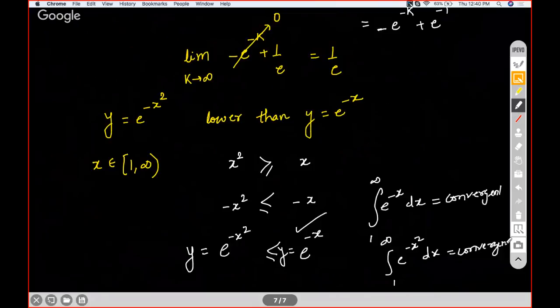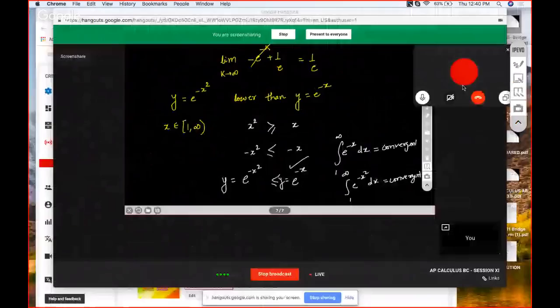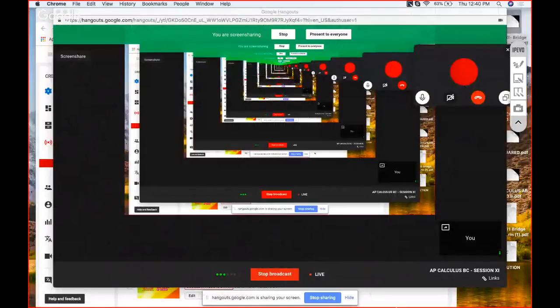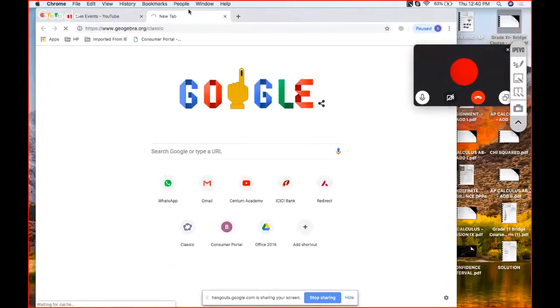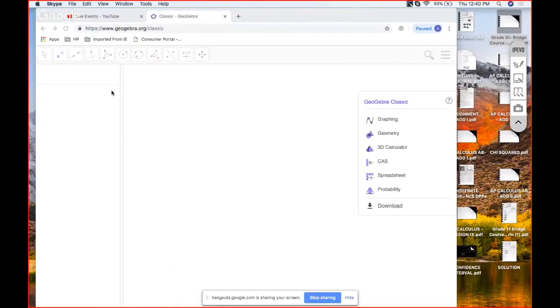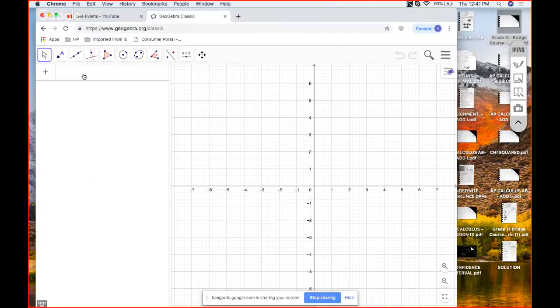Let's see in GeoGebra whether what I said just now is correct or not. So y is equal to e to the power of minus x.